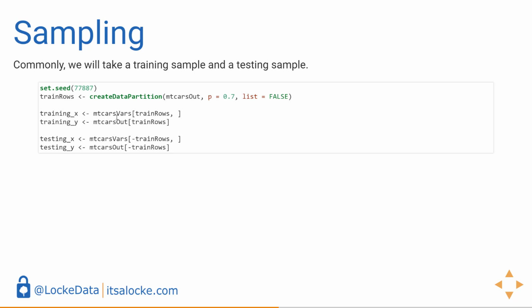So we have our variables and our outcome, and we're splitting them, we're getting them into our training set and our test set. So once we have these, we can start acting on them.